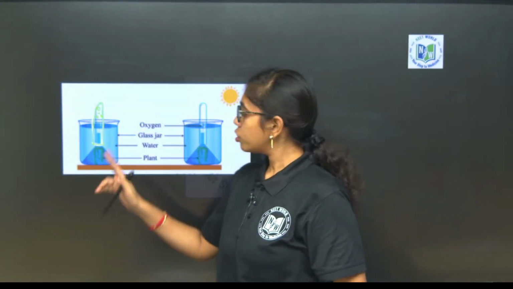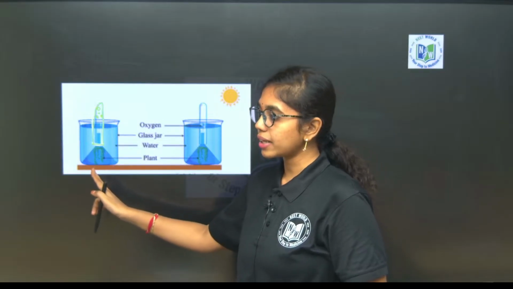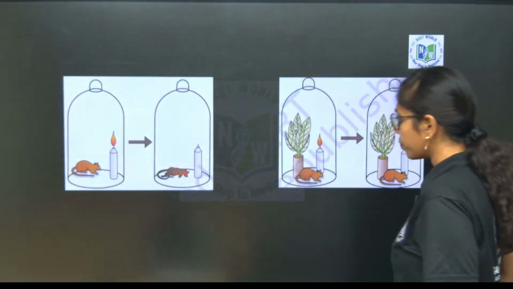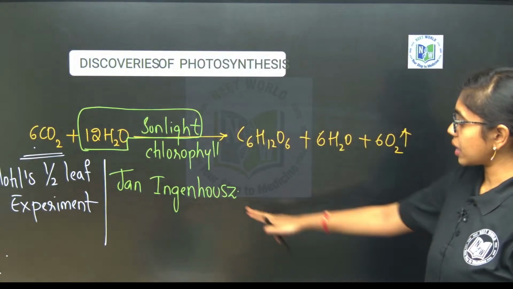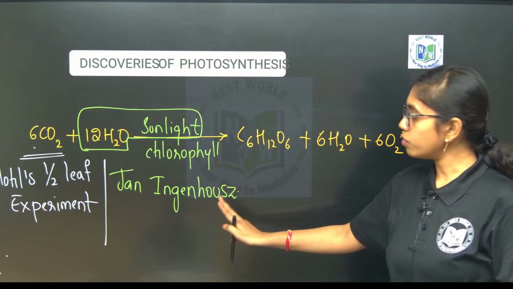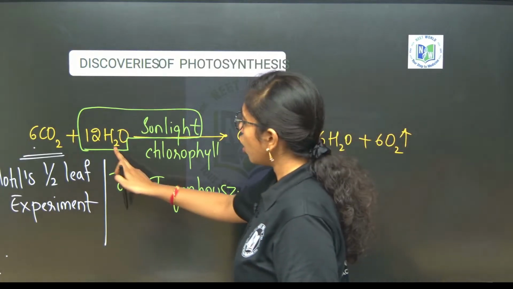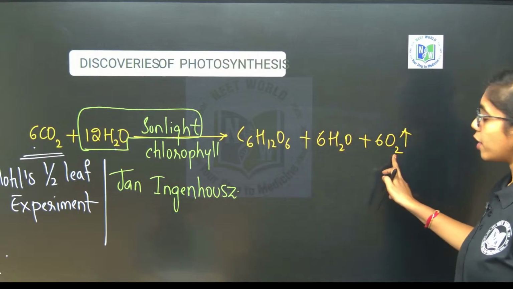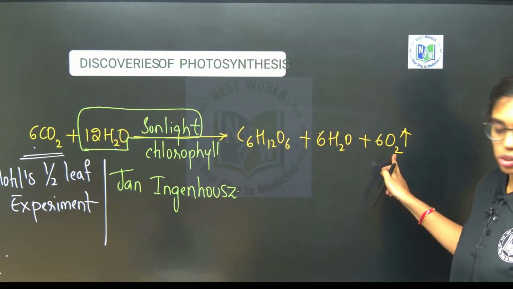Clear, right? So this hydrilla experiment is conducted by whom? Jan Ingenhousz, wherein he said water and sunlight are essential for photosynthesis and oxygen is evolved from photosynthesis.